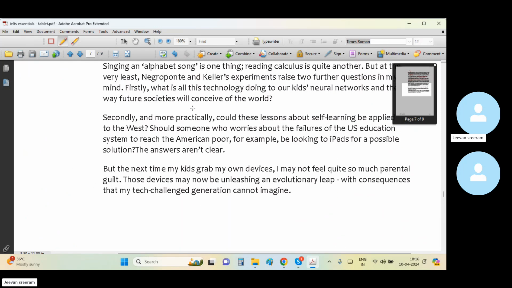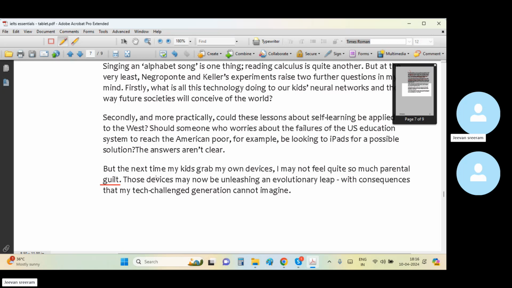Please observe: next time my kids grab my own devices, I may not feel quite so much parental guilt. Parental guilt means feeling that we are spoiling our kids' future by giving them gadgets. Now she is mentioning that she doesn't feel the parental guilt when they grab her gadgets. They can learn the things themselves. That's answer D only.